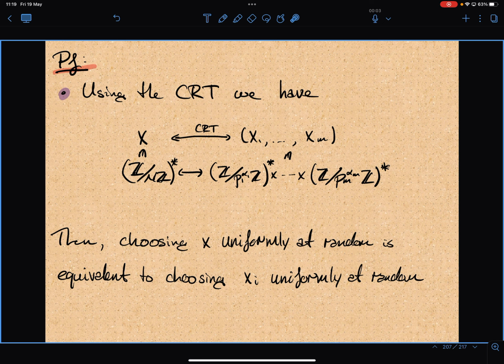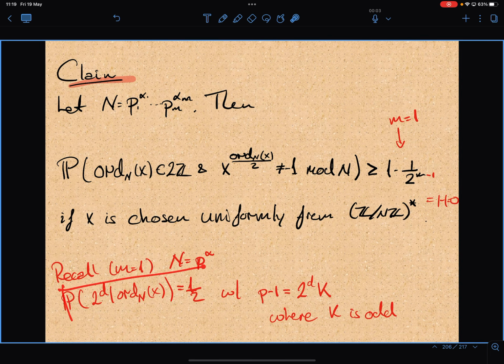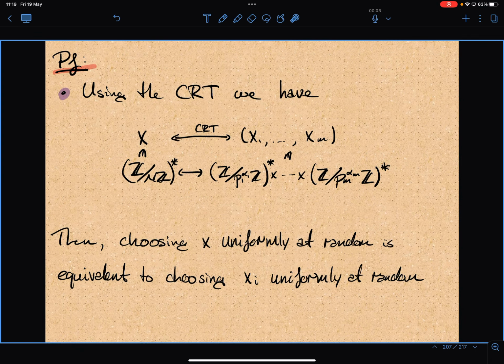And the randomness in these cases, we can control because we have this statement for each of these cases. So now we can move to the randomness of each component, uniform in each component, and independent from the other components.